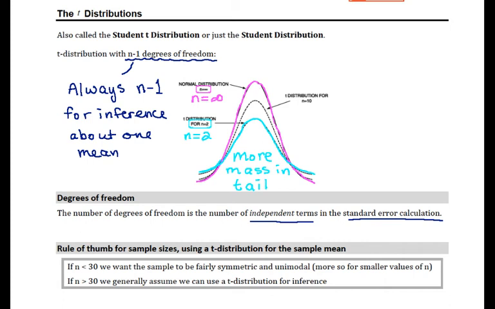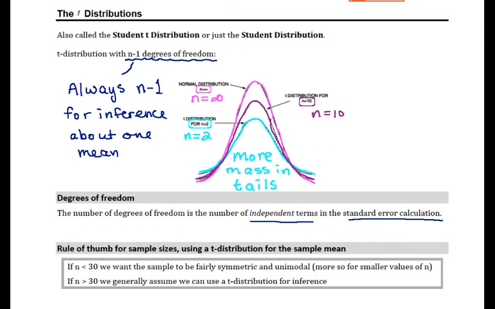We can also call that thick tails. As n gets larger, like we see here for n equals 10, we do get a bit closer to a normal distribution. There's a little bit more concentrated at the center, and the tails get a little bit smaller. We get less mass in the tails as n increases.